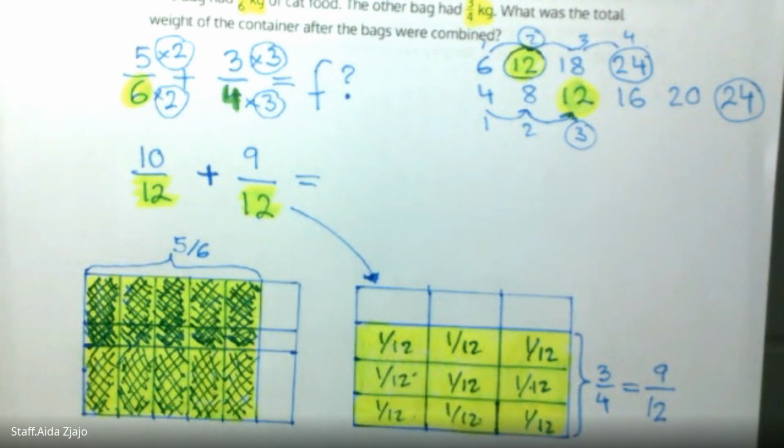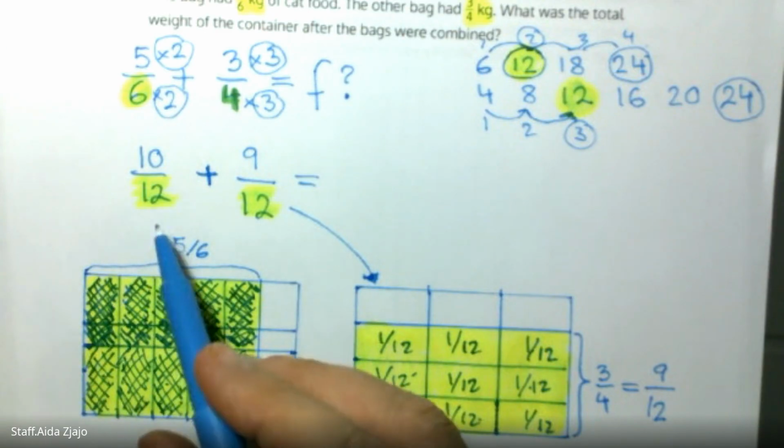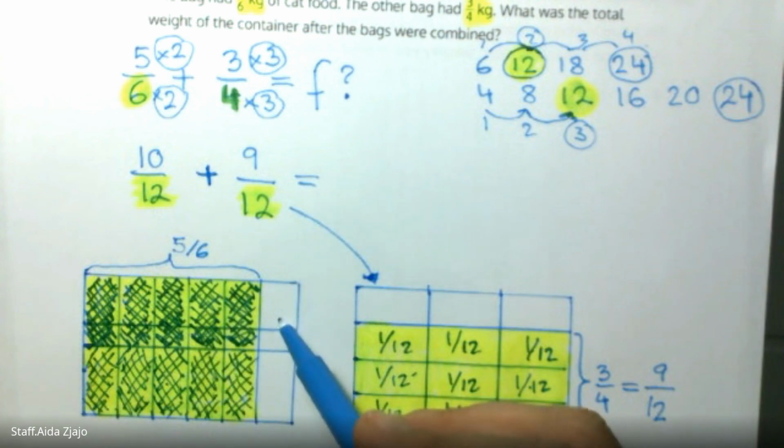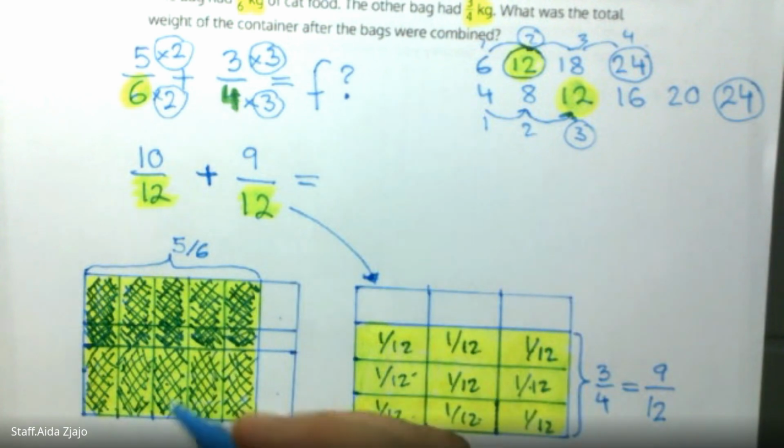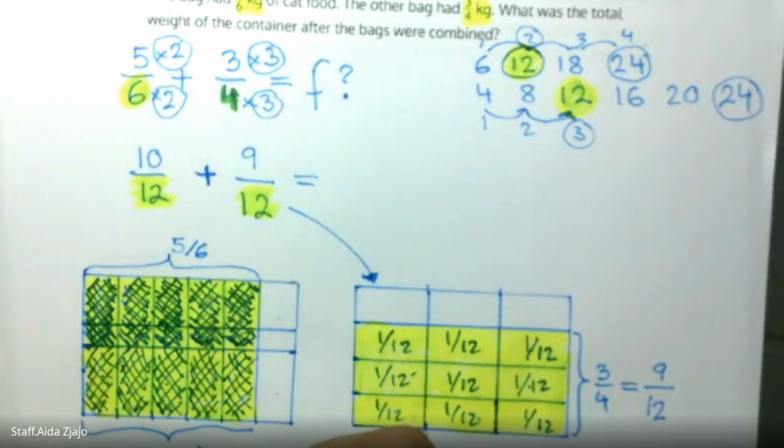And then also here I have 1, 2, 3, 4, 5, 6, 7, 8, 9, 10 twelfths. 10 out of 12 pieces will give me the 5/6. So if I show here, 5/6 is the same as 10 twelfths.